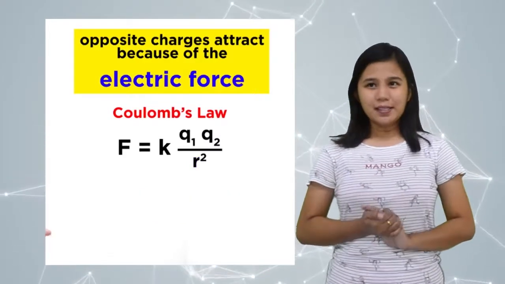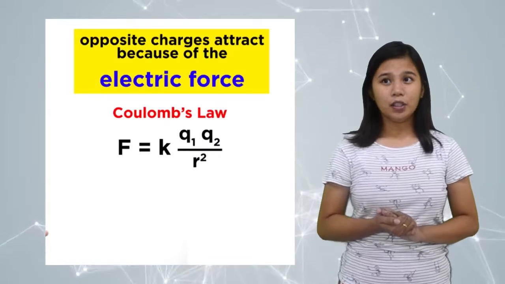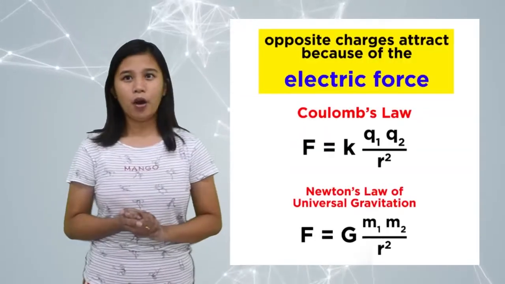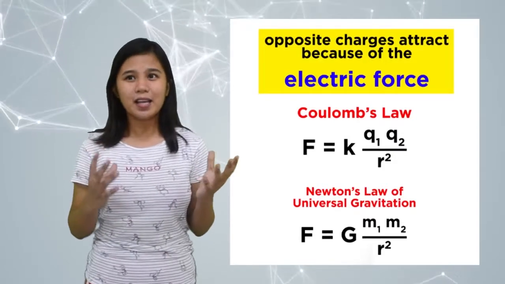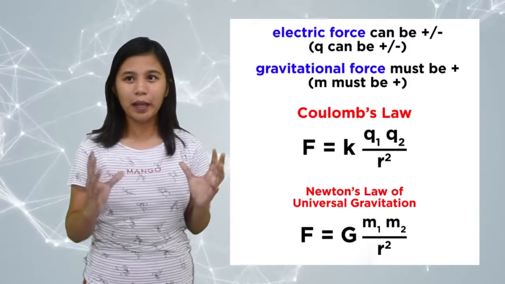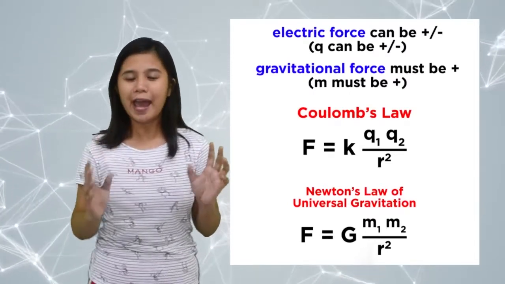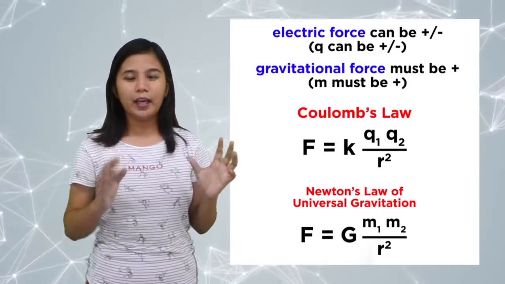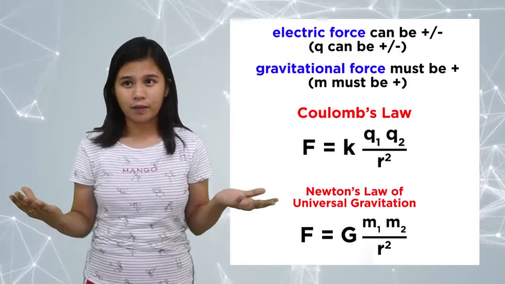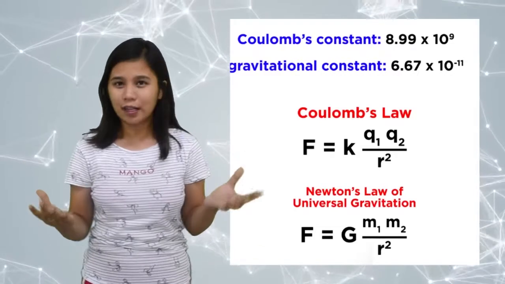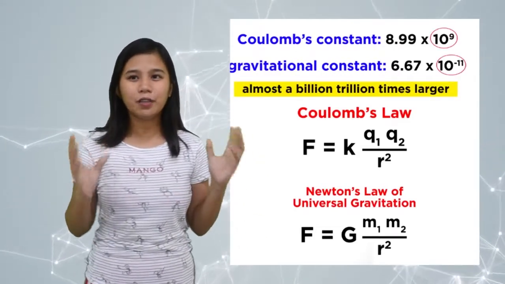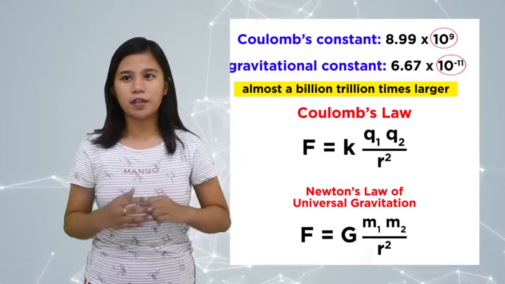Remarkably, this is essentially identical to Newton's law of universal gravitation. The only difference is that the electric force can be attractive or repulsive, depending on the signs of the charges and the resulting sign of the force, while gravity is always attractive, and Coulomb's constant is much greater than the gravitational constant, illustrating the discrepancy in the strength of these forces.